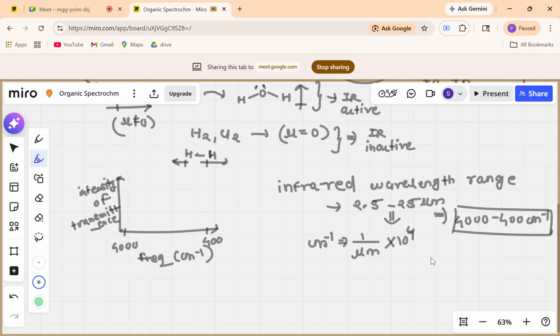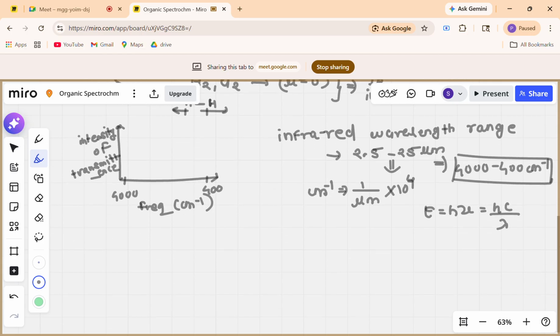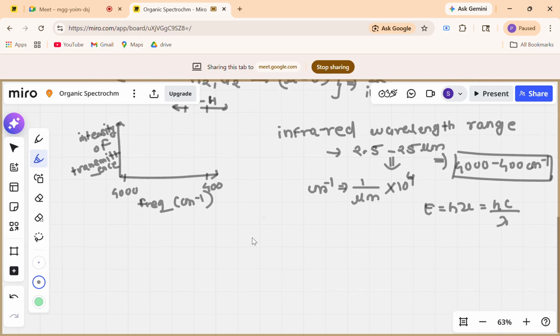As we know, the energy of a photon is given by h nu, where nu is the frequency of radiation, which we can further write as hc by lambda. From this equation, it's easy to understand that the energy of a photon is directly proportional to the frequency of radiation and inversely proportional to its wavelength.